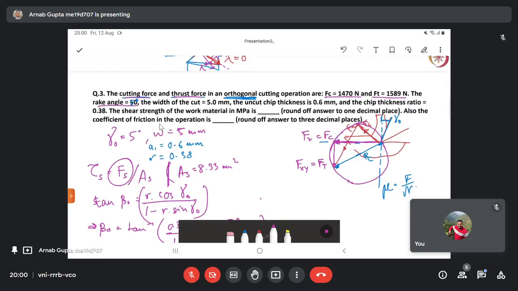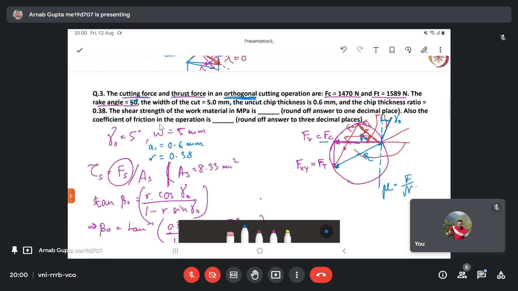Now if you carefully see this diagram, we'll know that this angle is beta naught, right? You can stop me if you're unable to understand any particular point. Okay, so this is beta naught.